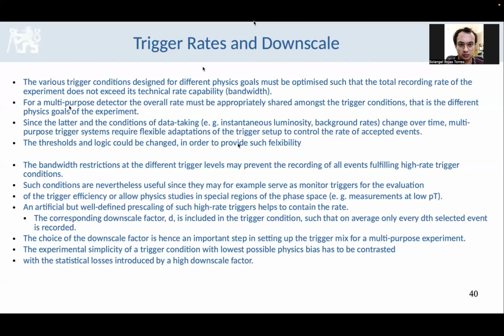So you could adapt the trigger or the detectors for different conditions. For example, if you have pp or lead collisions, you have different types of conditions. For pp, you have a lower multiplicity but a higher rate, and for lead collisions, a large multiplicity but a lower rate. So all the triggers have to take into account this type of conditions, and also the thresholds and logic that could be changed to adapt to these different conditions.